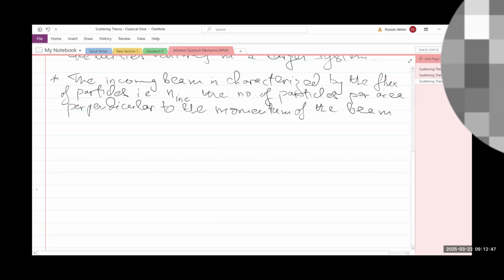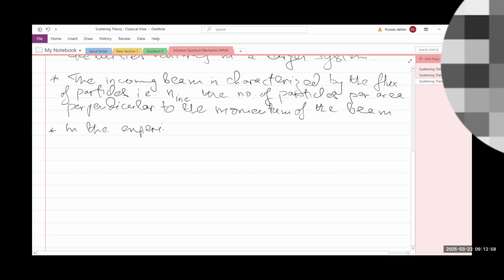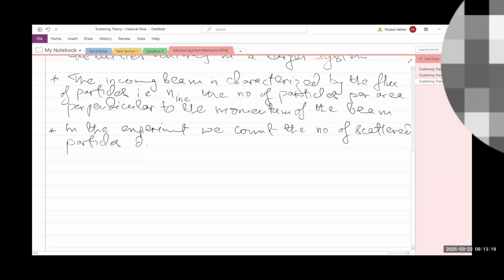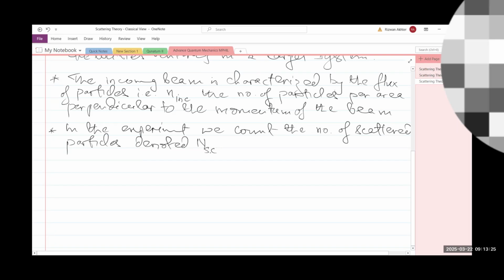So in the same experiment, we count the number of scattered particles, denoted by capital N_SC. This is the number of particles which are scattered.